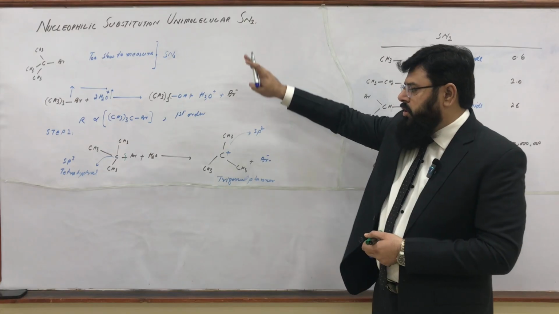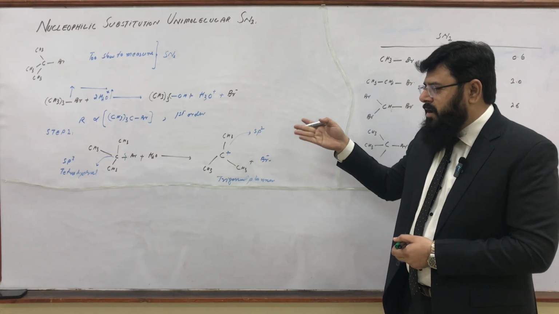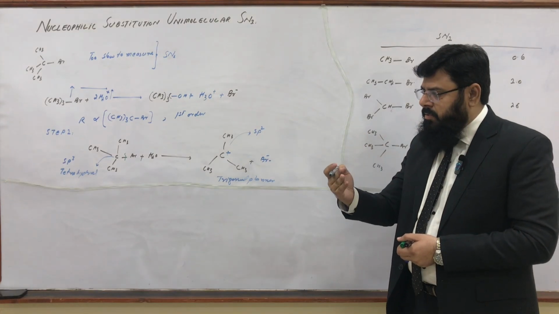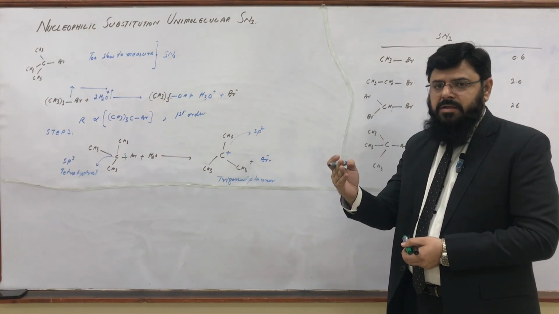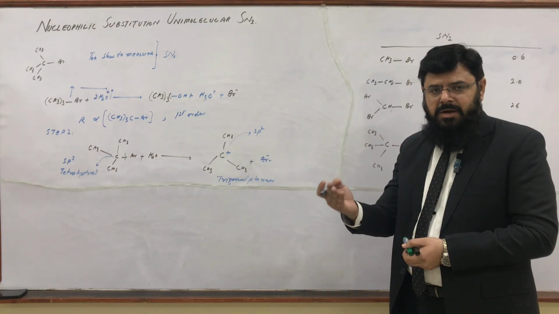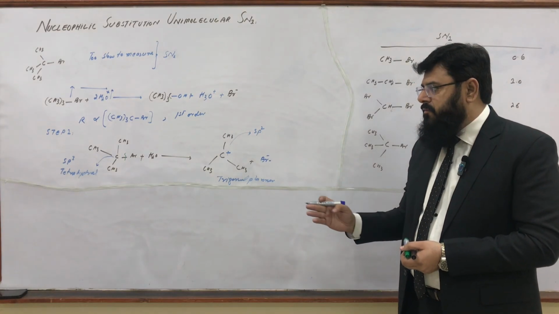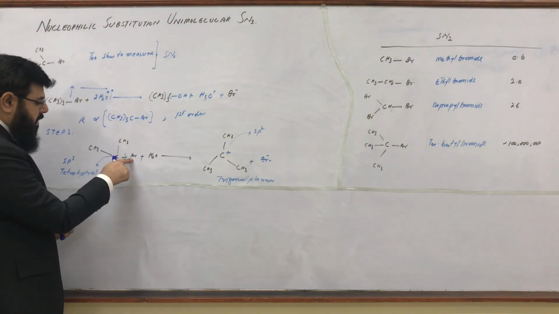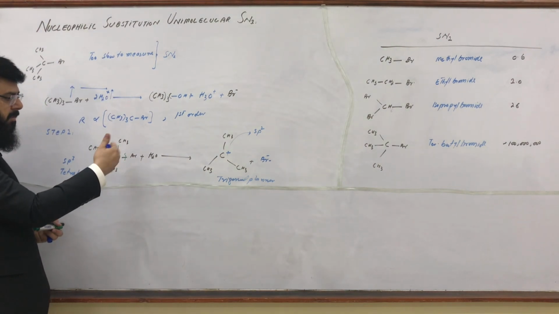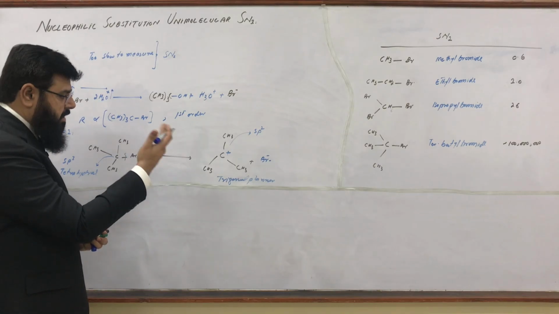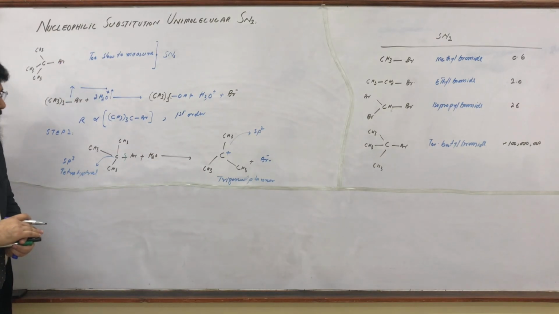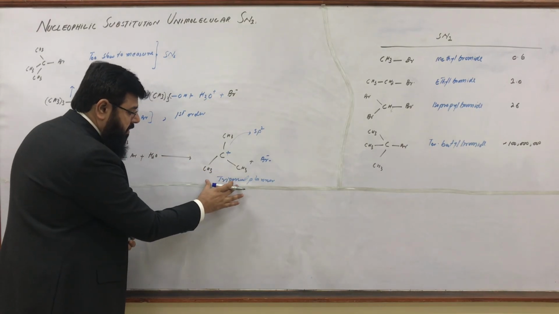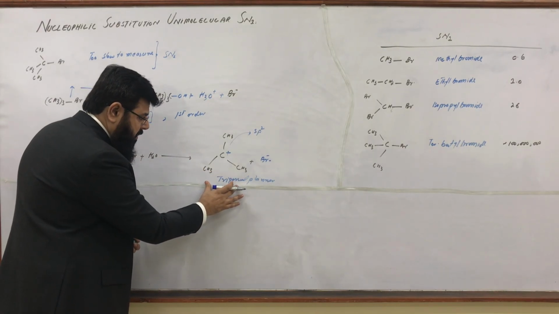In the case of SN2 reactions, we studied that the reaction undergoes just one step. In that one step, on one side a bond develops between the attacking nucleophile and carbon, and from the other side the bond between carbon and leaving group starts to break, and we obtain exactly inversion of configuration. But here we have an intermediate with a trigonal planar geometry.